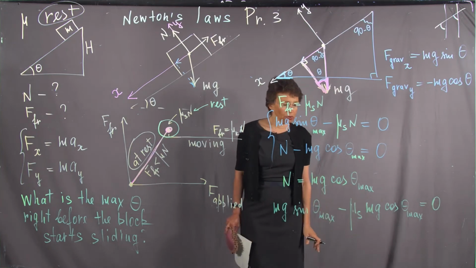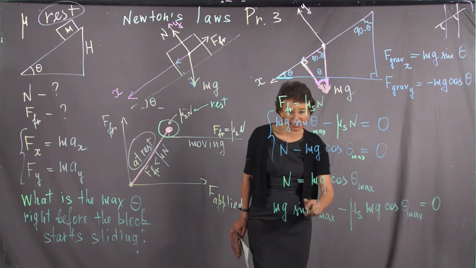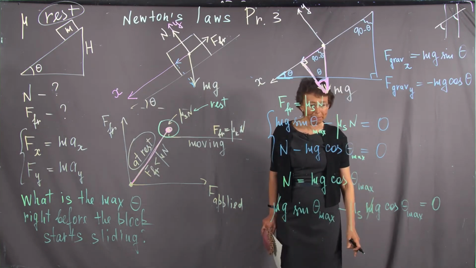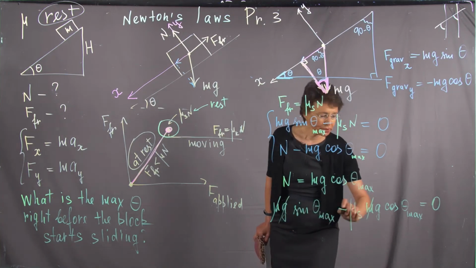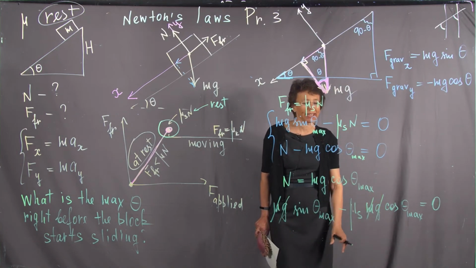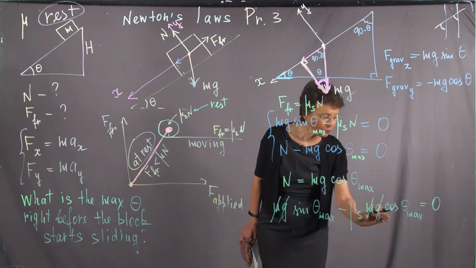Can I solve for the angle? Yes. First of all, I will divide both sides of the equation by m. I will also divide both sides by g. Next I will divide both sides of my equation.